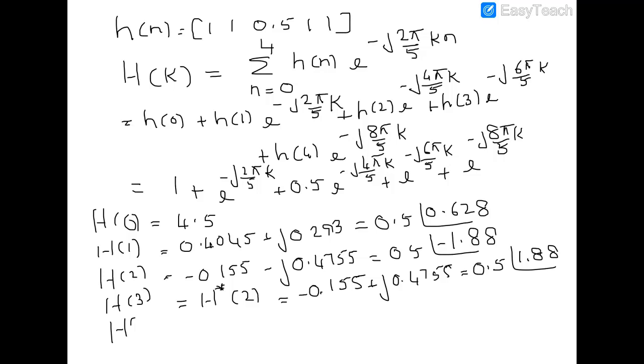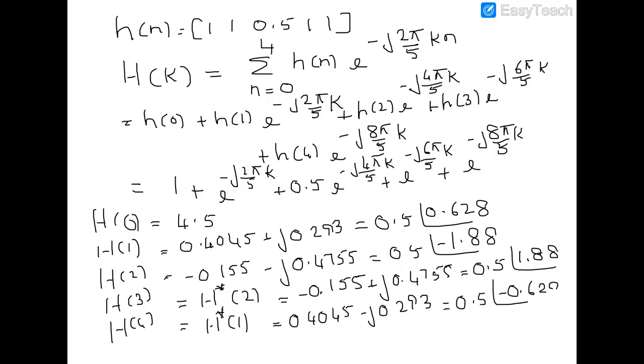H of 4 gives us the conjugate of H of 1, that gives us 0.4045 minus j 0.293. That will give me 0.5 at an angle of minus 0.628.